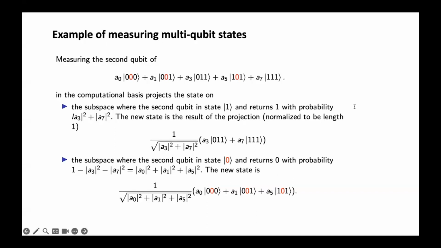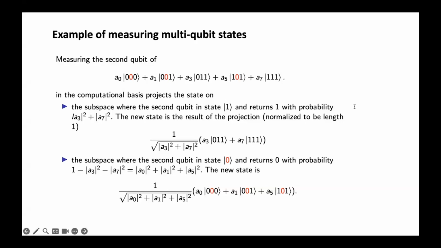So if we wanted to do the equivalent thing, measuring the second qubit in the case where the second qubit is in state 0, in this case, the subspace where the second qubit is in state 0 returns 0 with probability what? It is the remaining, 1 minus A3 squared minus A7 squared, which is A0 squared plus A1 squared plus A5 squared.